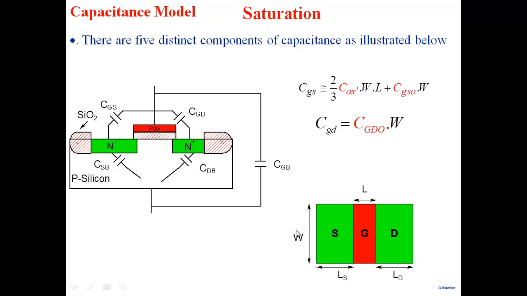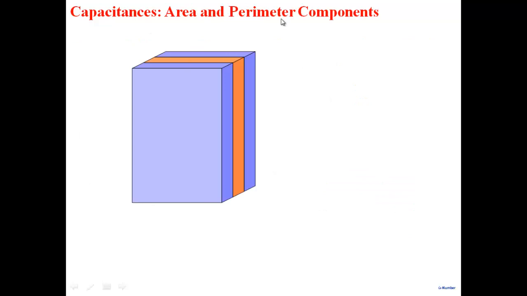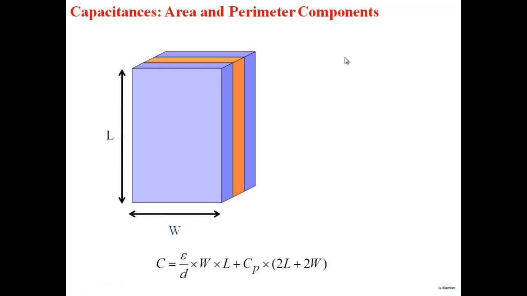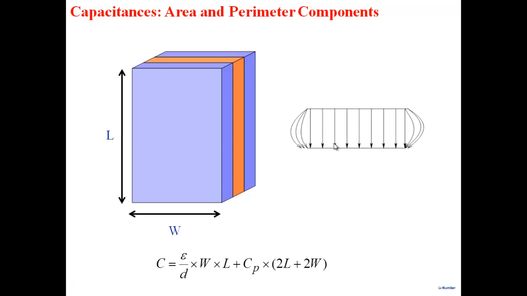Before that, a little bit of digression. Capacitances in general, when we think of parallel plate capacitances, will have an area component and a perimeter component. What do I mean by that? Let's suppose I take two parallel plates here.